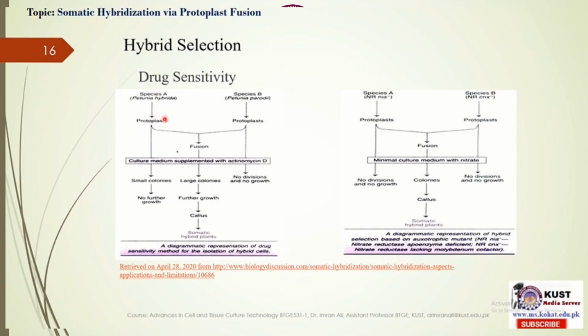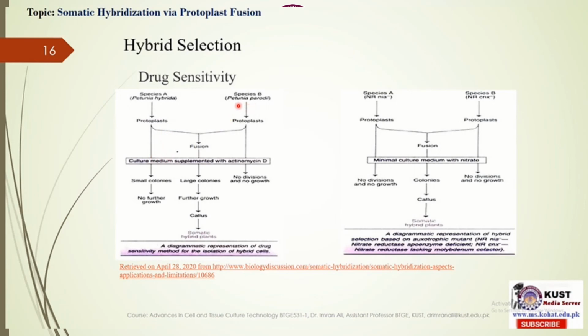a drug. Here you can see the protoplast of Petunia hybrida, species A, can form macroscopic callus on MS medium but is sensitive, or inhibited, by actinomycin D, a drug.